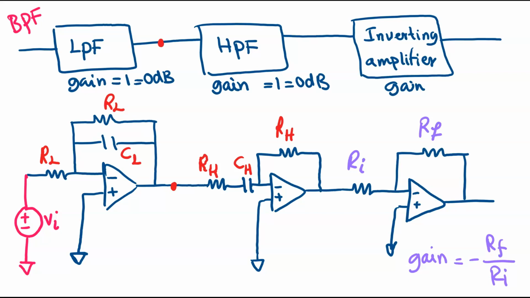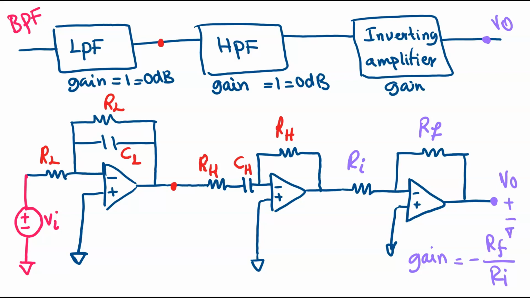And finally, what I have at the end here is going to be my VO with respect to ground, or the signal here. Okay, so this is basically the circuit that I'm going to have in order to make a bandpass filter. Now let's look at the transfer function of this system.